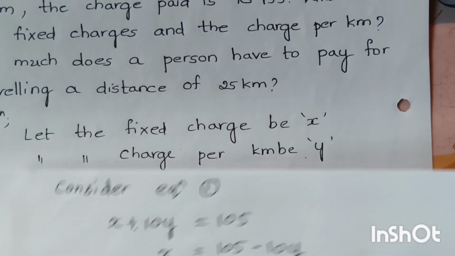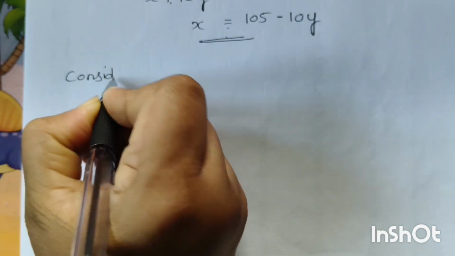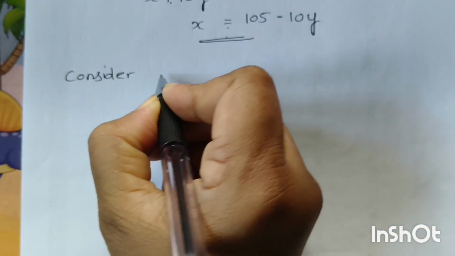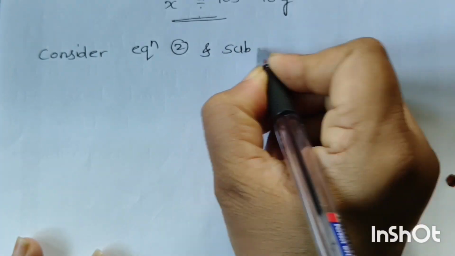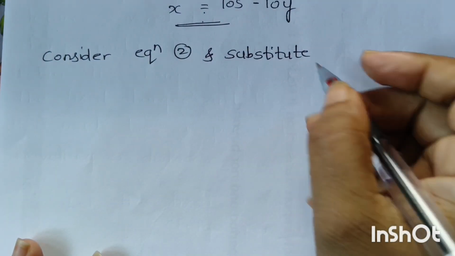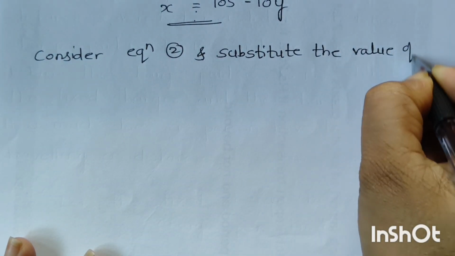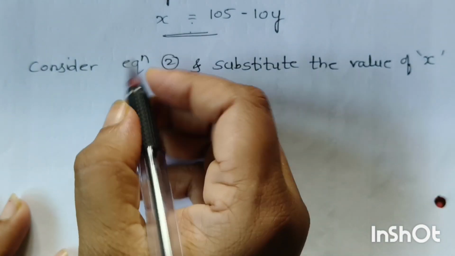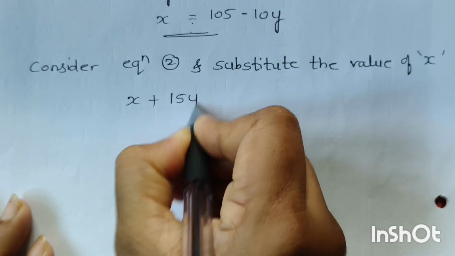So consider equation 2 and substitute the value of X. Equation 2 is X plus 15Y is equal to 155.